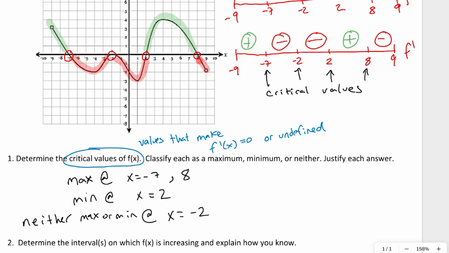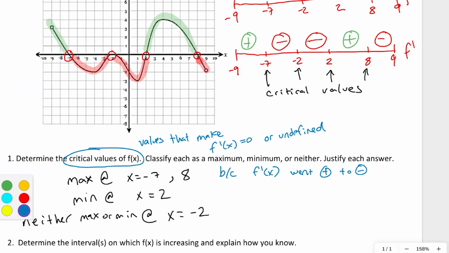Now, the way we know that there's going to be a maximum or a minimum at these critical values is based on how the slope changes. We have a maximum because the derivative went from being positive to negative. Slope's going up, and it comes back down.